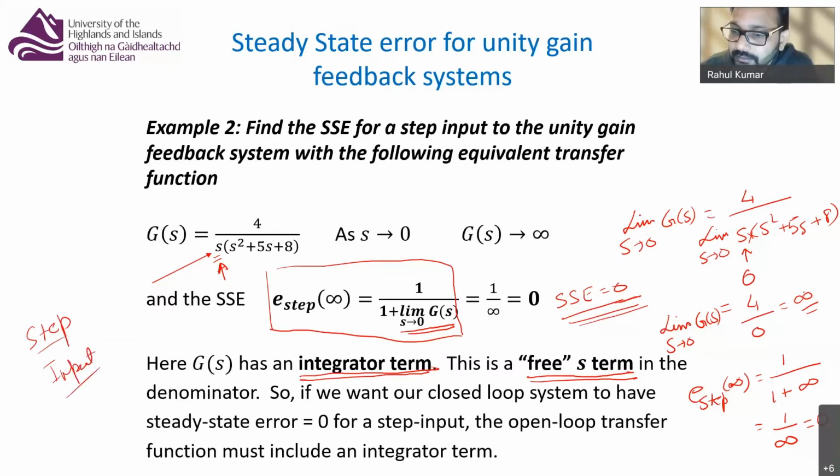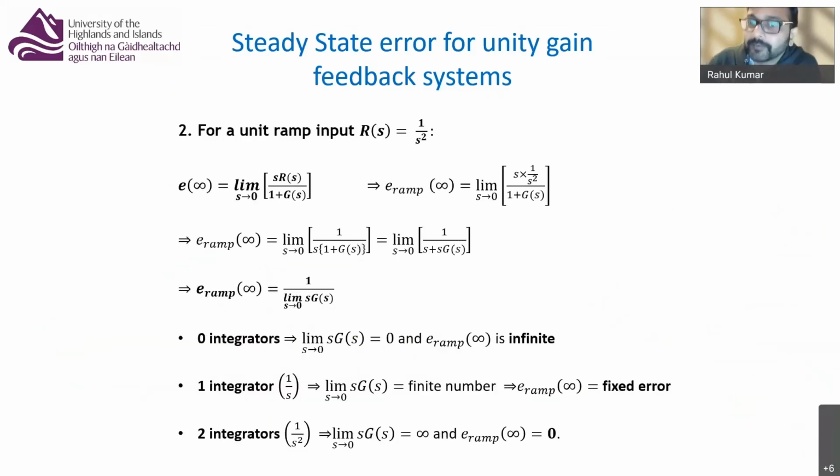Let's now discuss ramp input. How many integrators will we need to reduce our steady state error to 0 for ramp input? Let's see. We already have the steady state error formula.